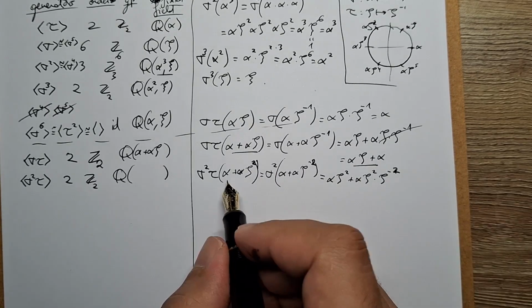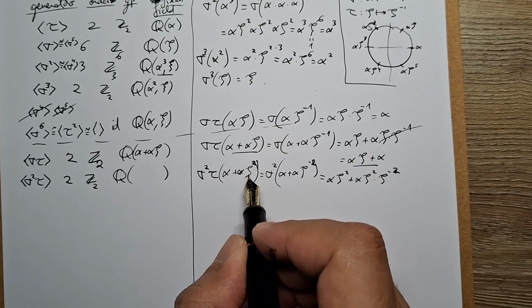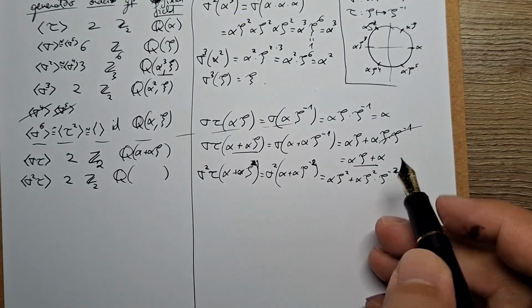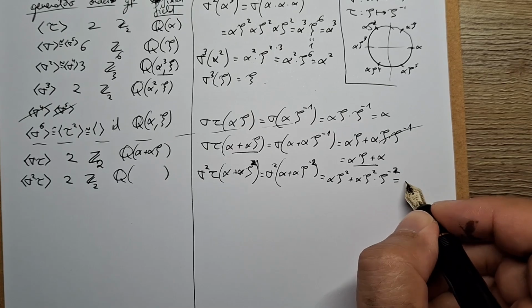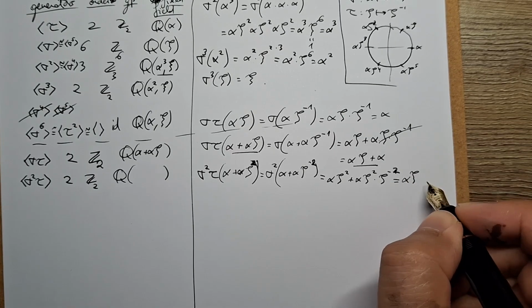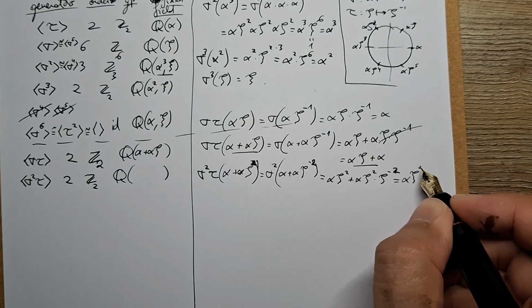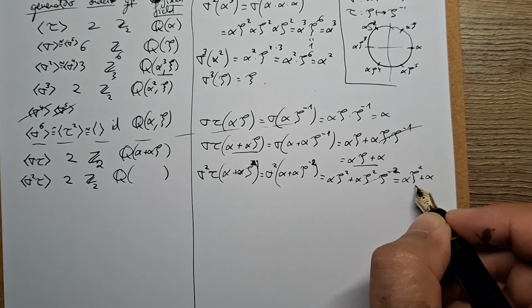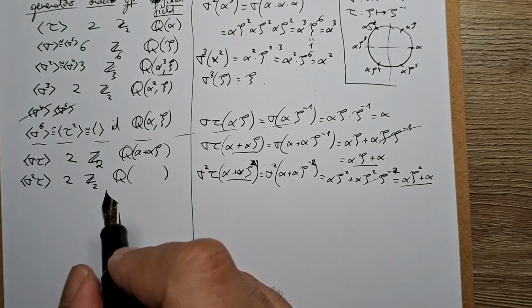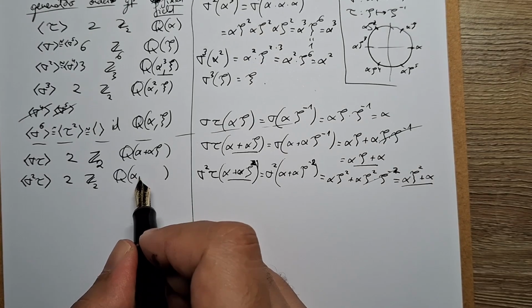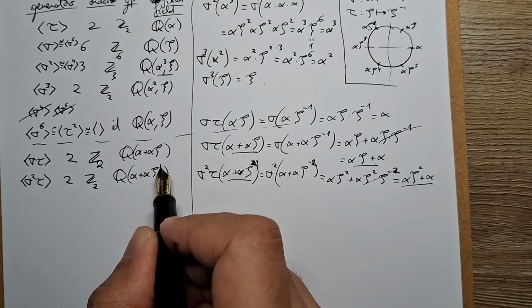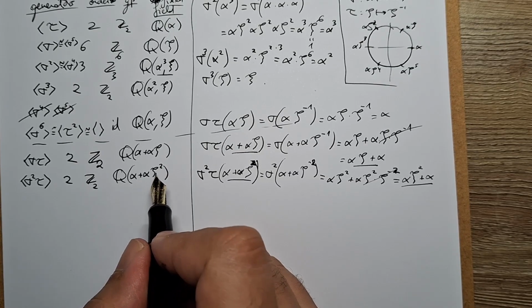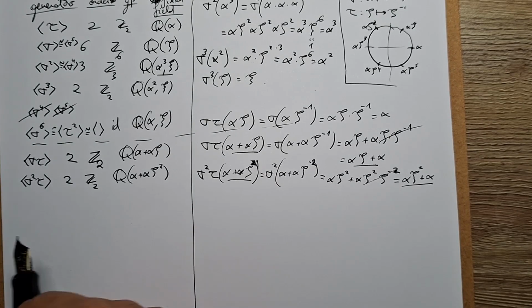So when we have alpha plus alpha multiplied by theta to the power of 2, it actually ends up landing into alpha theta to the power of 2 plus, and this is just cancelled, this is alpha, and this is the same as here. So this is actually the fixed field that we needed: Q adjoined with alpha plus alpha theta to the power of 2.